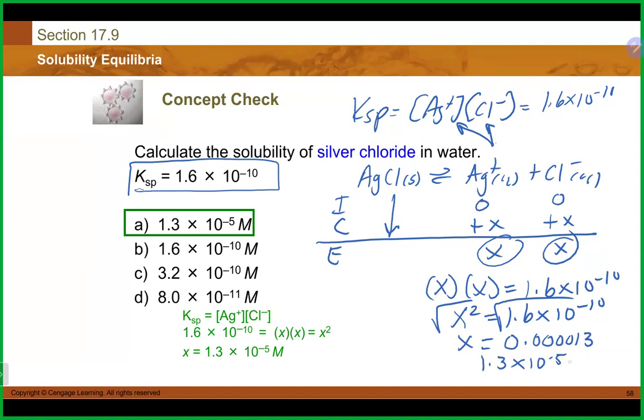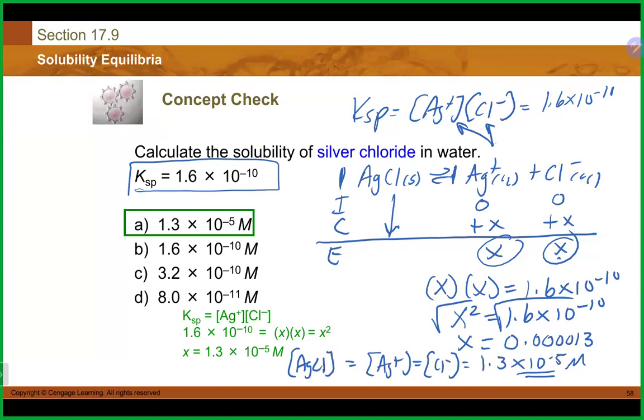This is molarity in this case. So what we just calculated here is molarity. That is the concentration of silver, and the concentration of chloride would both be 1.3 times 10 to the minus 5. Because it is a 1-to-1 relationship going backwards, that is also the concentration of silver chloride.